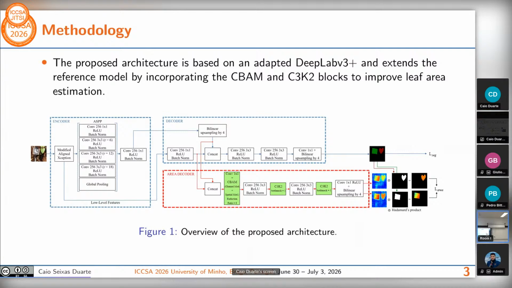So your model is integrating CBAM and C3K2 blocks, but their ablation studies did not consider CBAM and C3K2 blocks.